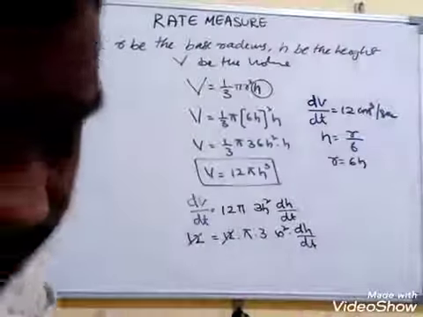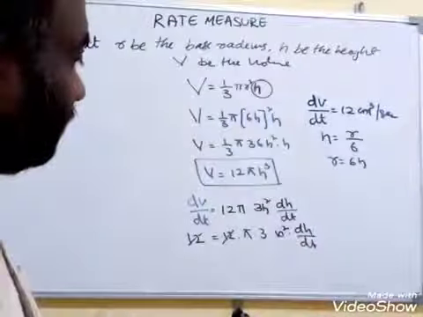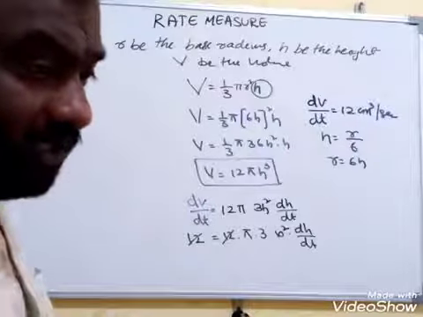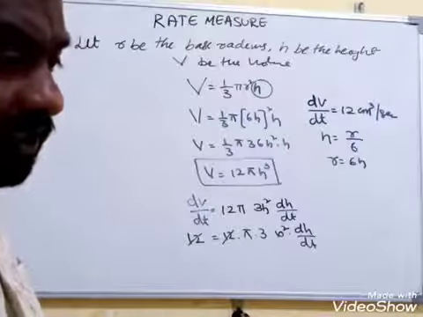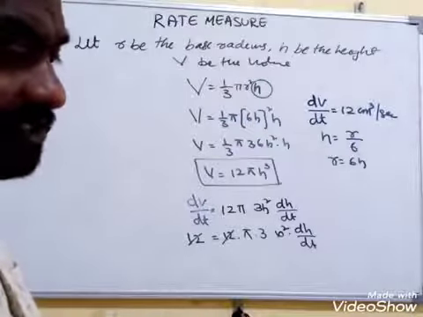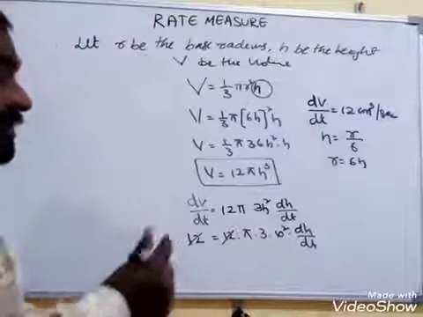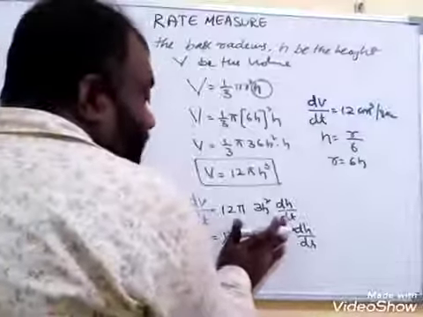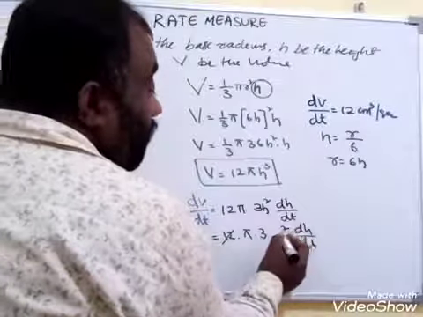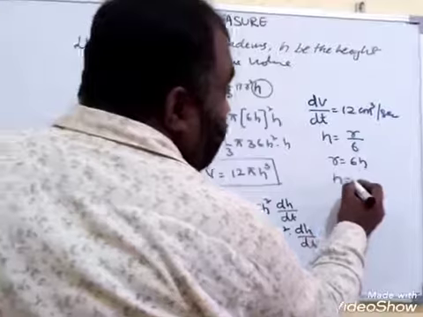Observe that here, V is 12 pi h cube, and dV by dt is given as 12 pi, and the height of the cone is given as 4 centimeters.